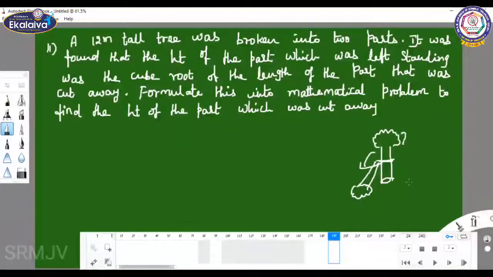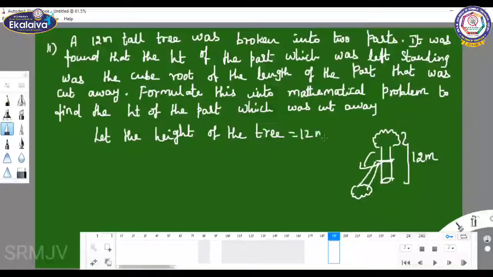So the total height of the tree is what? 12 meter. Formulate this into a mathematical problem to find the height of the part which was cut away. Let the height of the tree equal 12 meter.